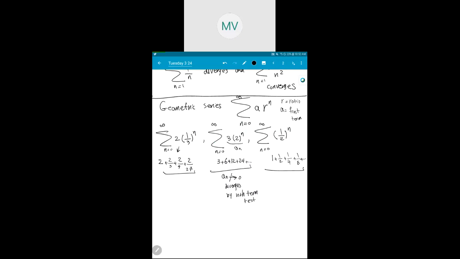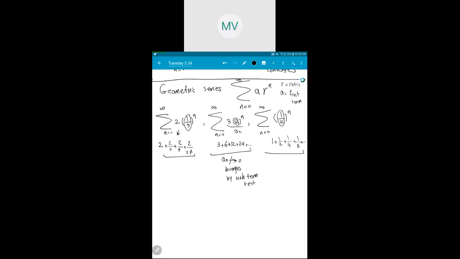Whereas in this one, the growth factor is bigger than 1 and the terms are growing. So it seems like it has something to do with the ratio. If it's bigger than 1, it seems like it diverges. But let's see if it converges for ratio less than 1.